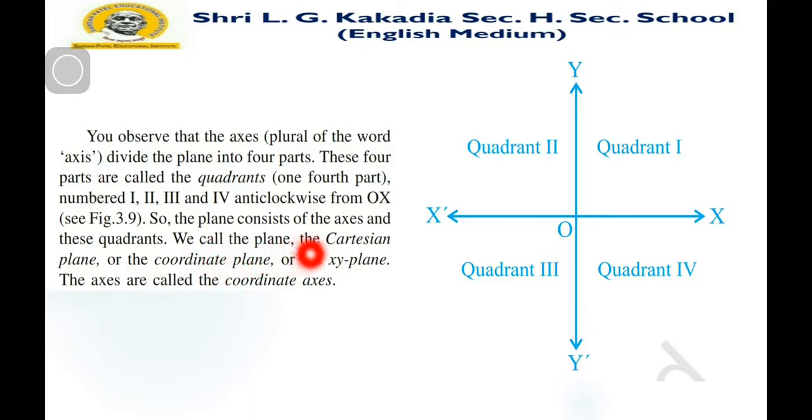We call it the given plane. If we draw two lines such as given here, then the plane, we call it the Cartesian plane or the coordinate plane or XY plane.